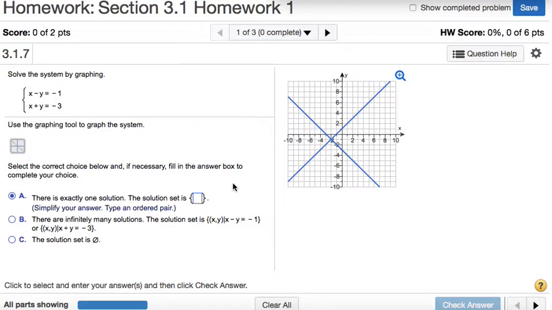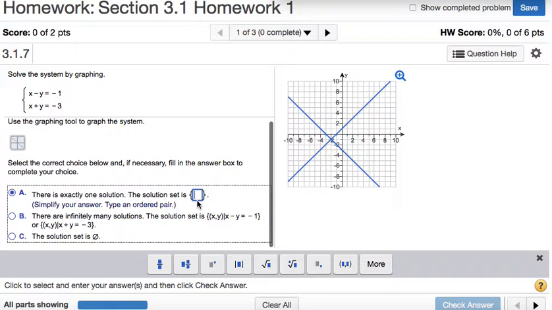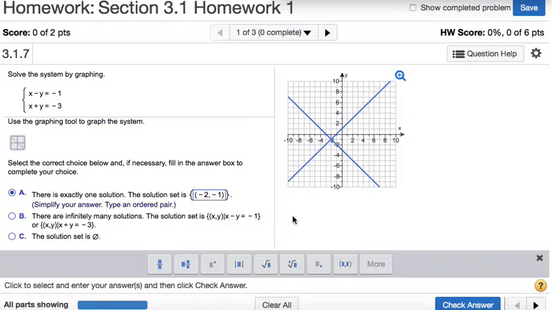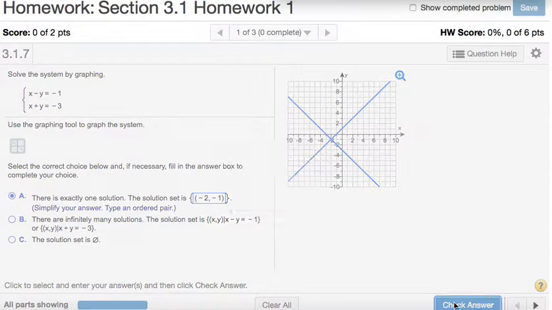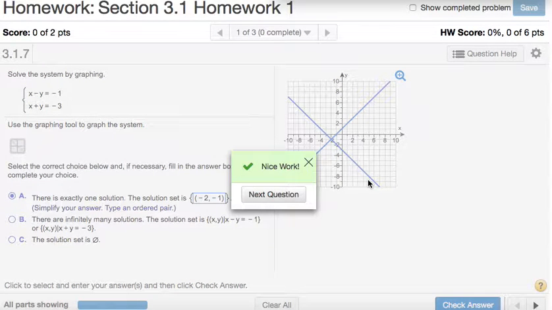When I type that in, I need to make sure that I'm typing that in parentheses because it wants it as a coordinate pair. Even though there's the bracket there, you still need to put parentheses around the point. If you don't, MyMathLab is going to mark it wrong. Then I can click on Check Answer, and it's going to tell you if it's right or wrong.